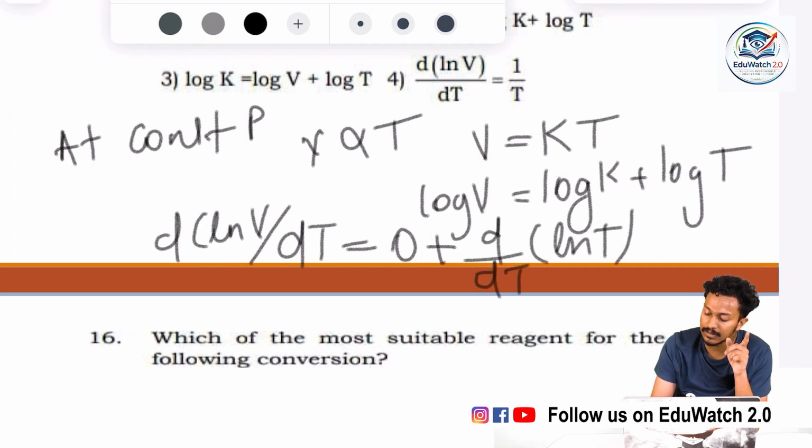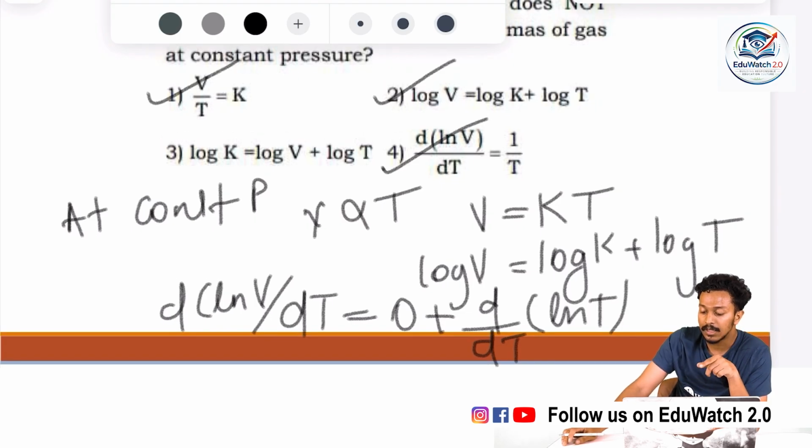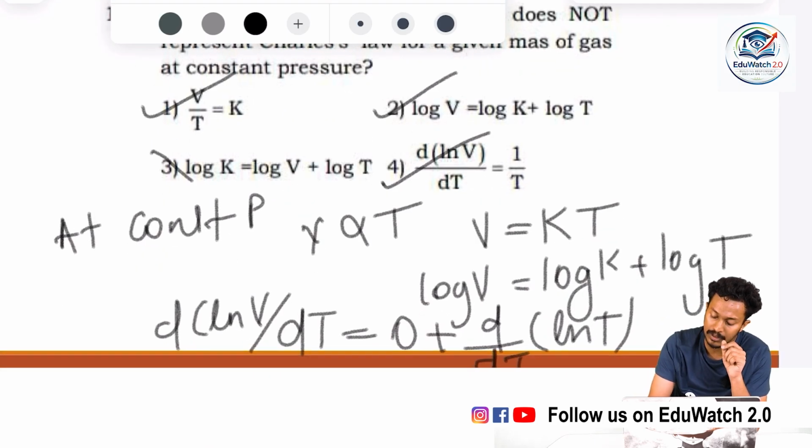Ln T, which is 1 by T. So the option would be d ln V by dt is equal to 1 by T. Option 4 is also correct. The option that does not give the Charles law is option 3, which is log K is equal to log V plus T, which is wrong. So option 3 is the correct option.